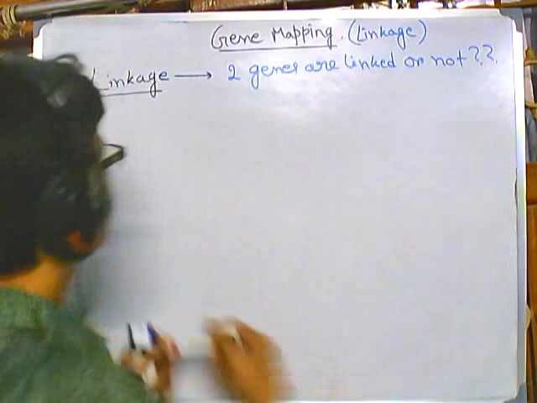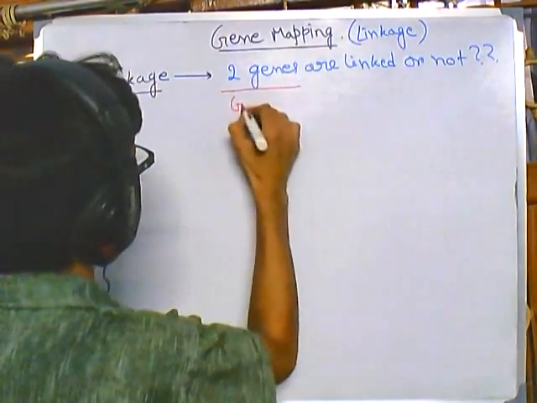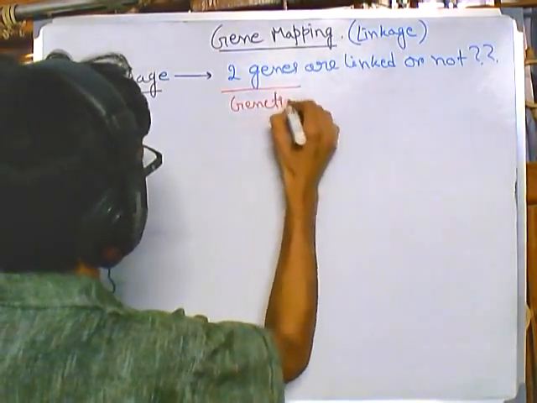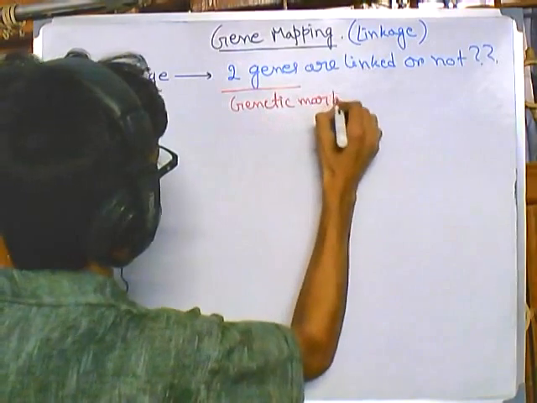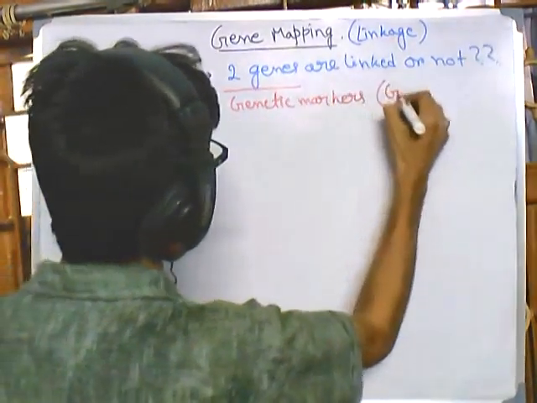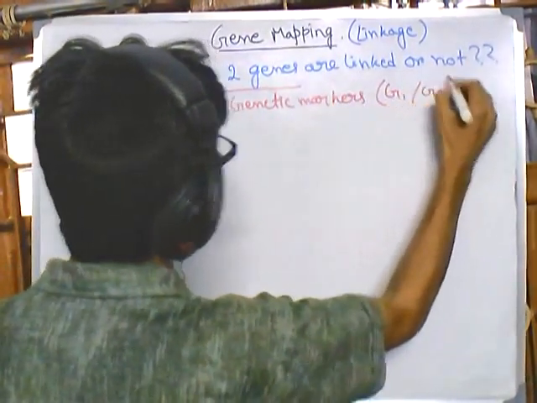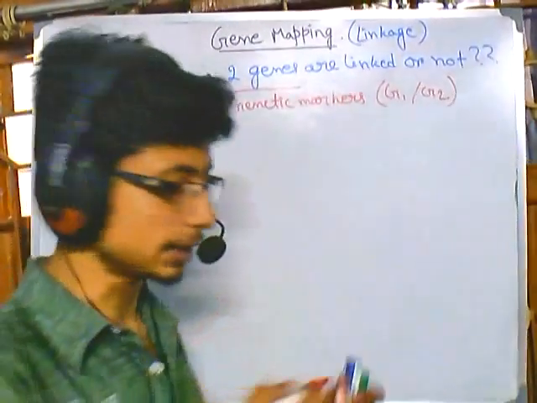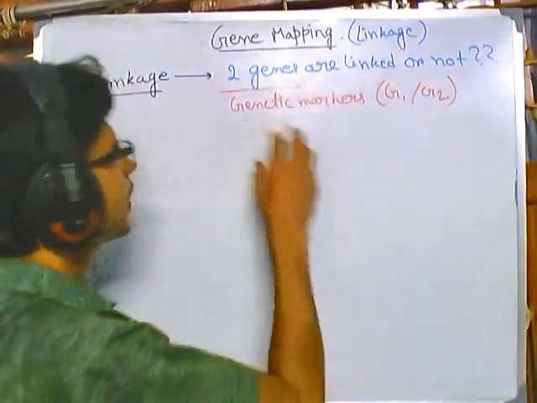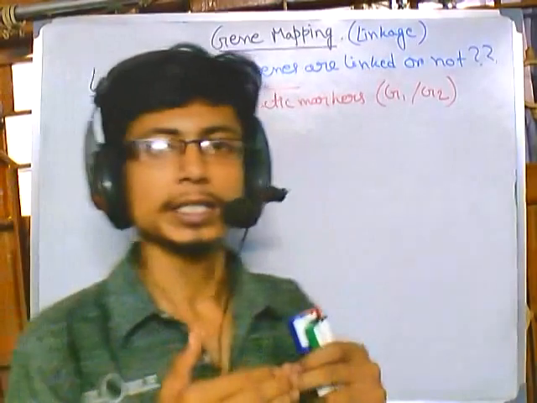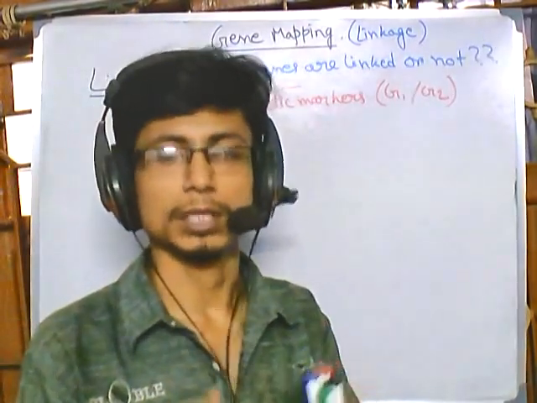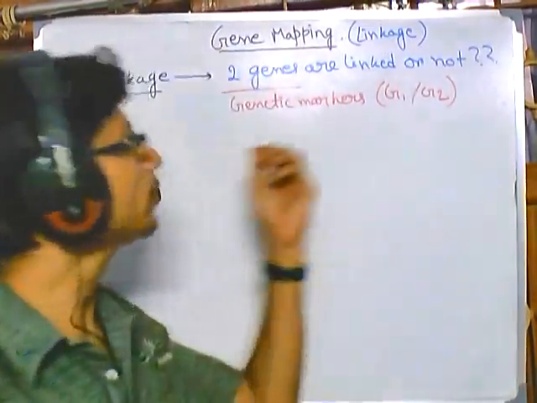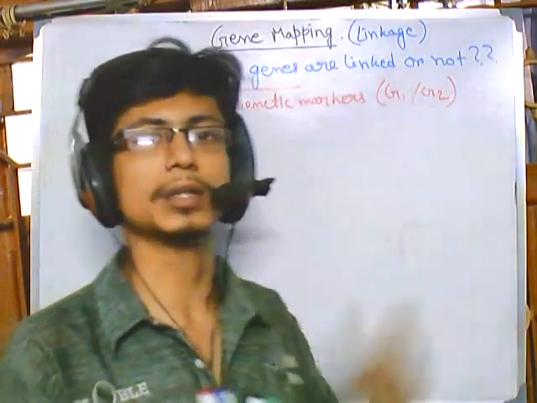So these two genes are genetic markers, for example, say G1 and G2. Now the question is whether those two genes are linked with each other or not.